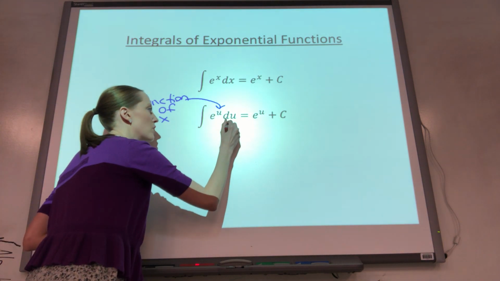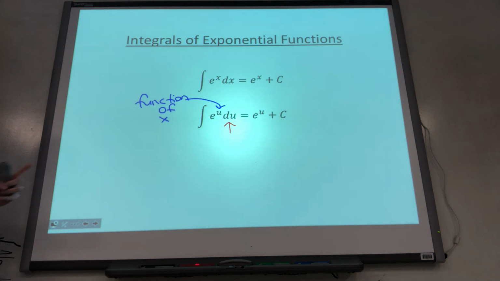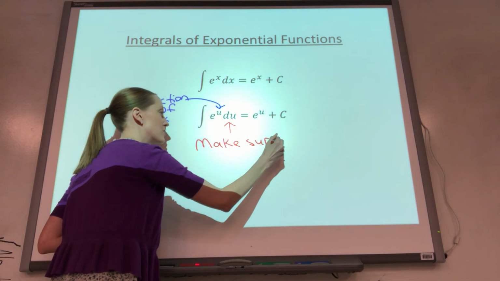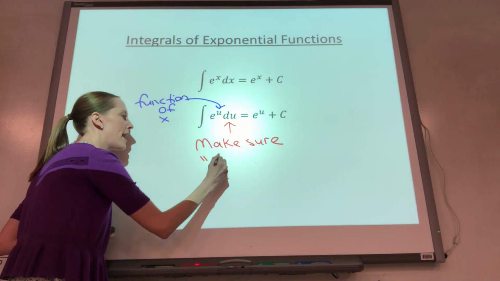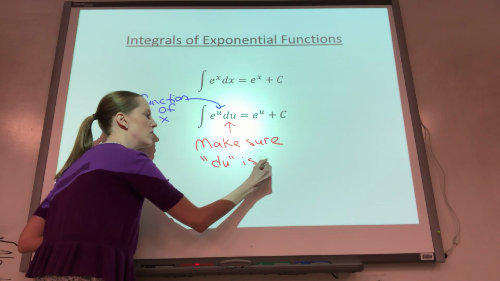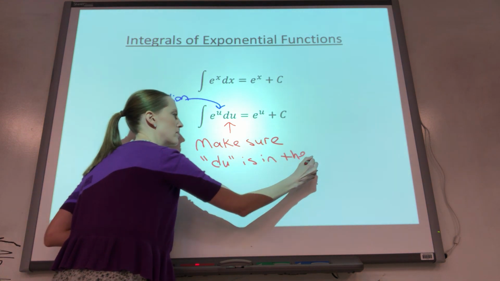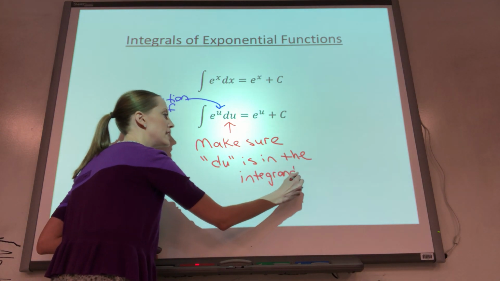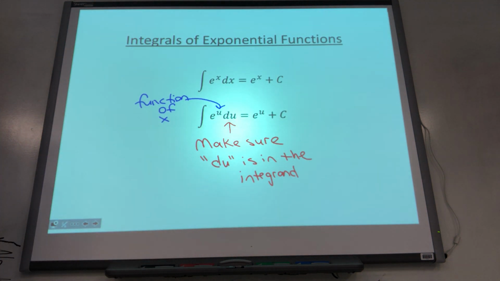But you have to make sure, as we always do, du is in the integrand. If du is 2, then you got to put a 2 on the inside and 1/2 on the outside. So all of that will be the same. You just got to figure out what du is.